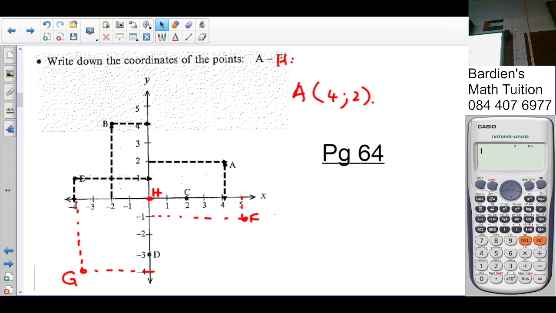That O means the H. I just put H now on the board. No, you don't have to draw it, man. Just write down the coordinates.